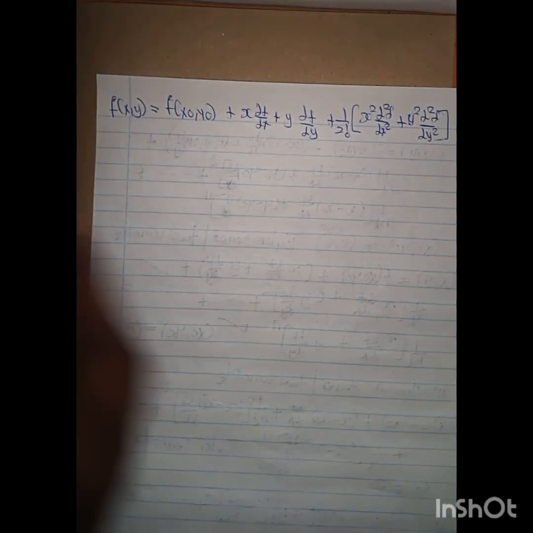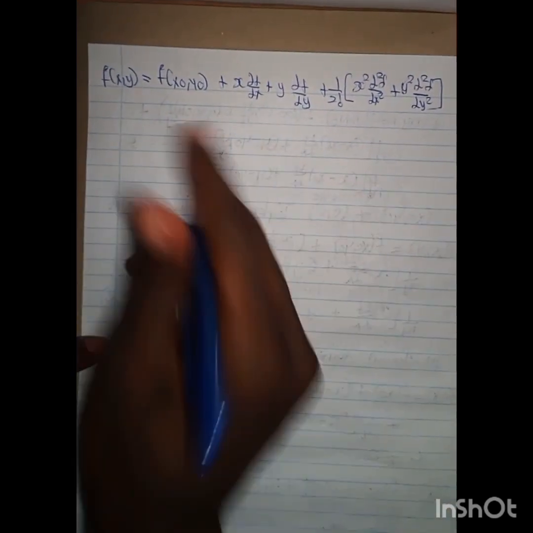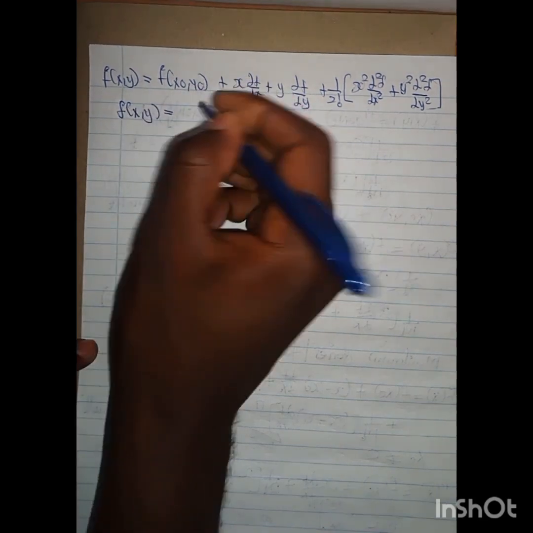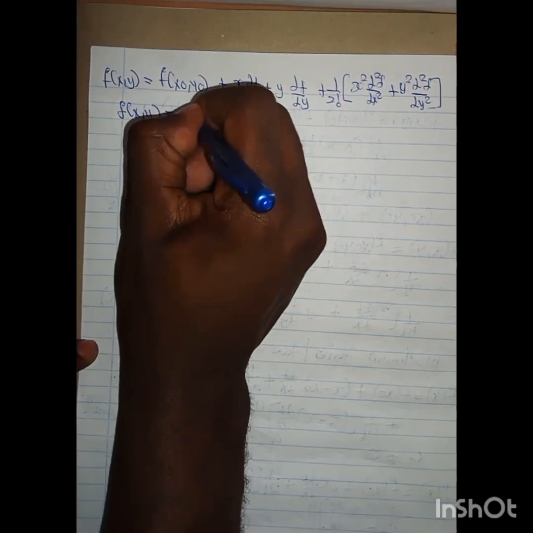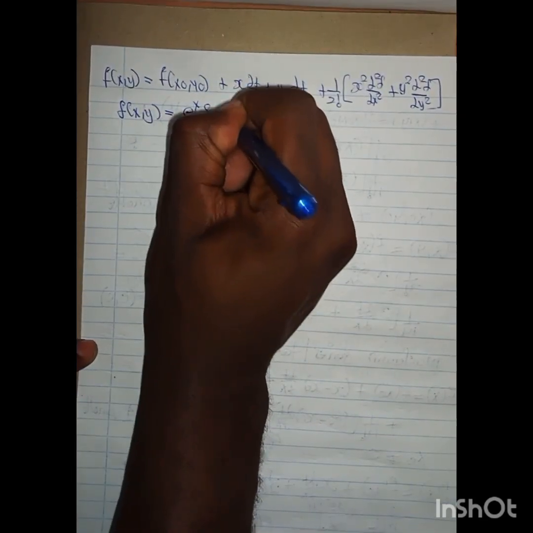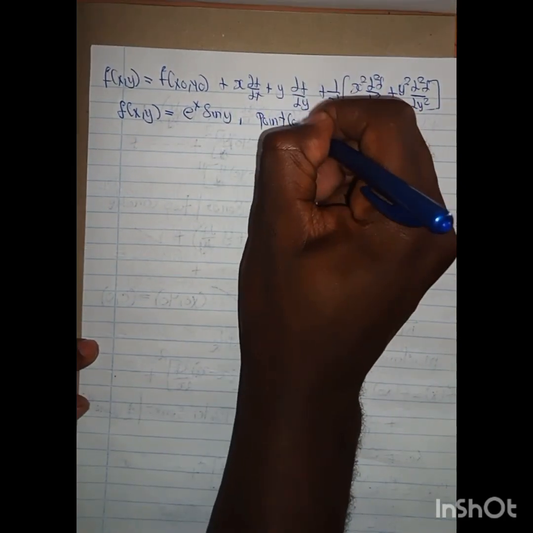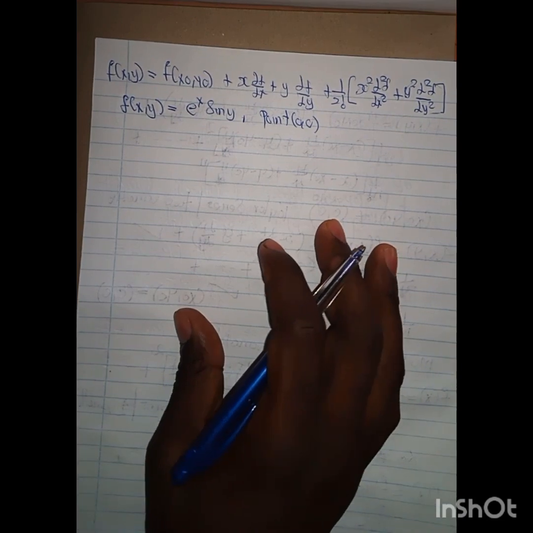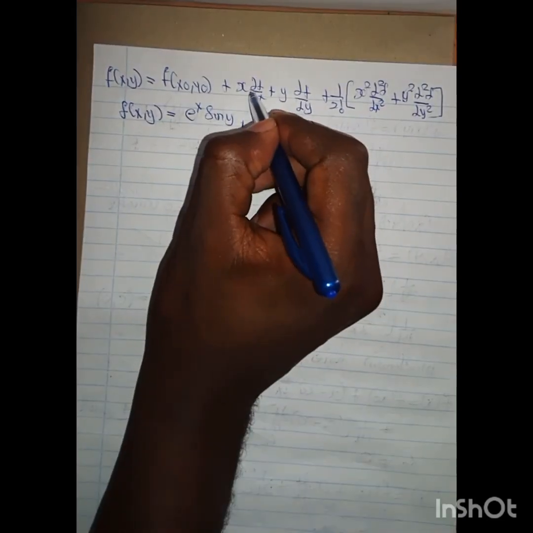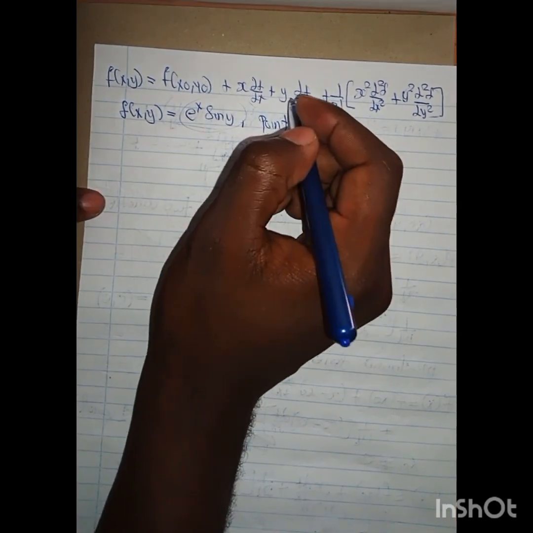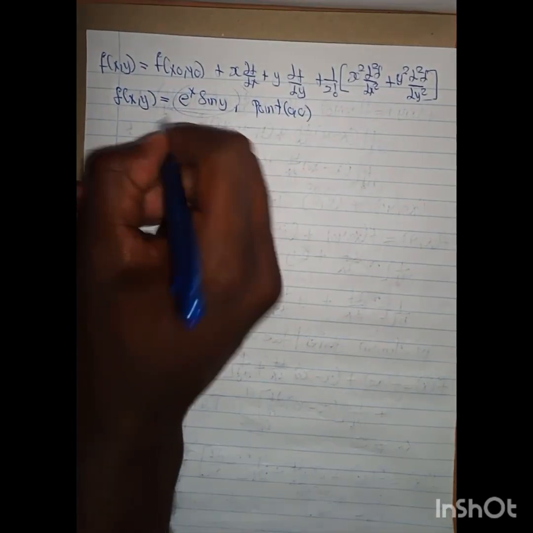And then we'll also need the equation f of xy. We have said that the equation is given by e to the power x sine y at the point 0 and 0. Then what we need to do now is to differentiate this equation with respect to x.